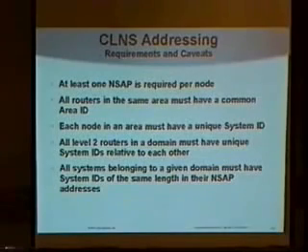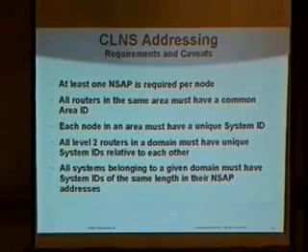Now, obviously, if you're in the same area, all nodes in the same area must have different system IDs. In level 2, which is the backbone, you also need the same concept, unique system IDs. The simplest way to do this is to just give all your devices or nodes in the network different system IDs.